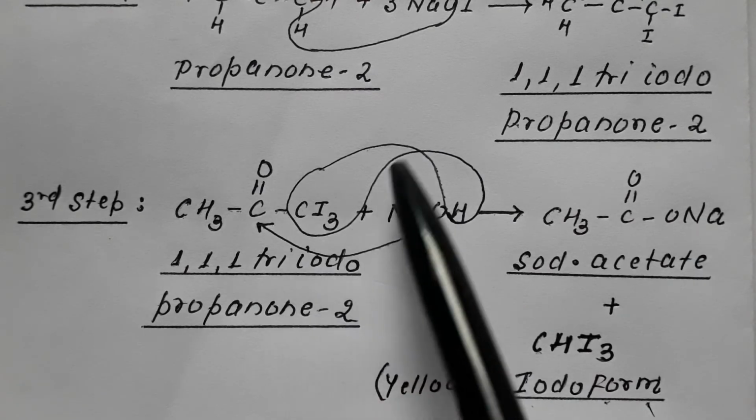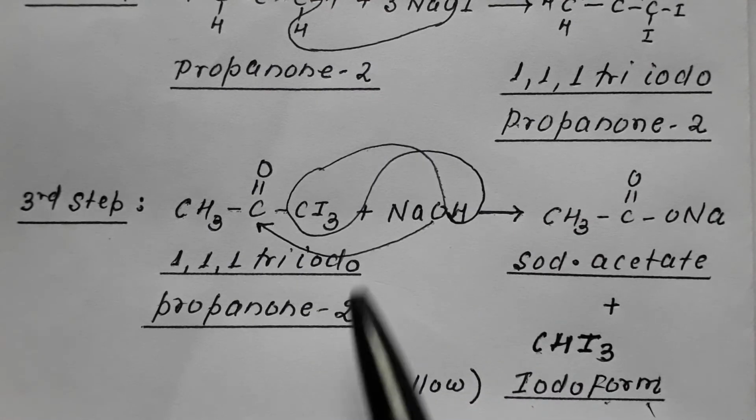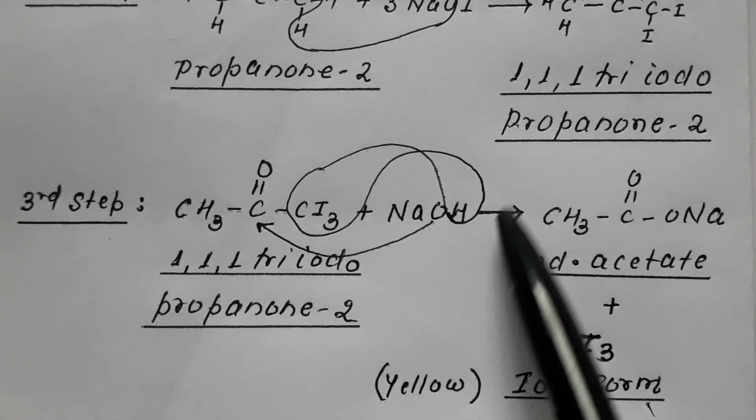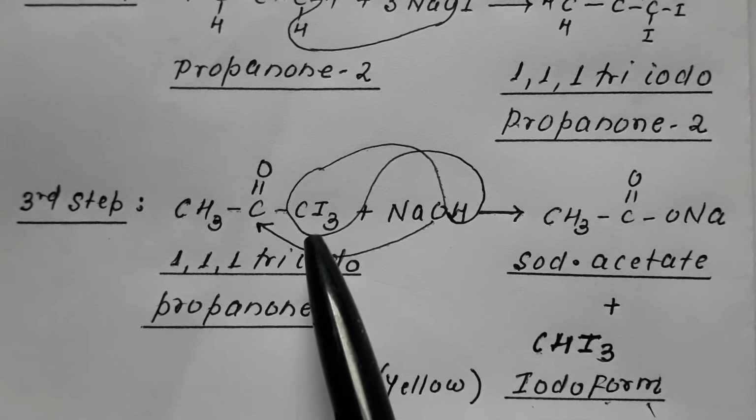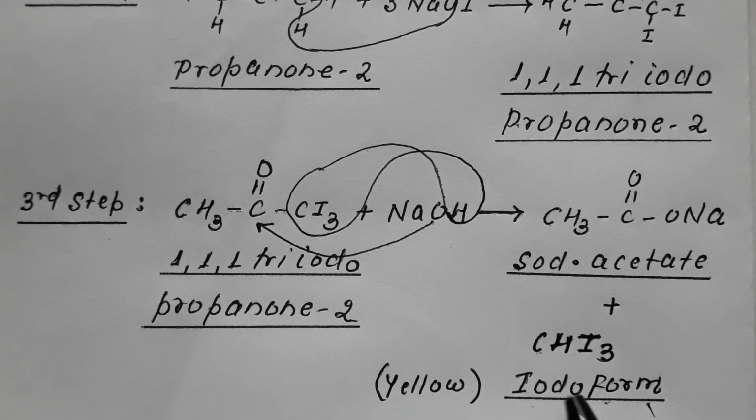This CI3 and this H go in the form of CHI3, which is iodoform, and this is yellow in color.